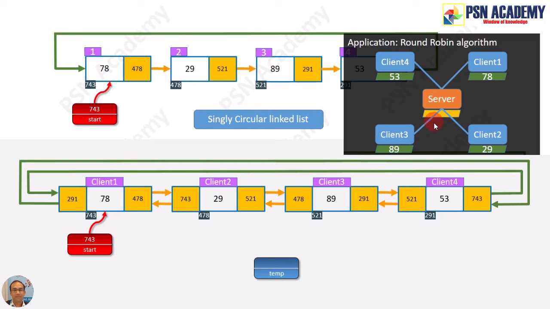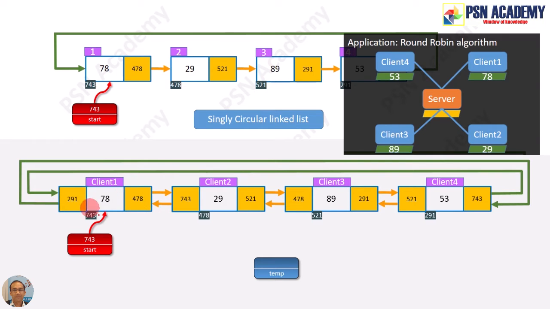And what the server has done, the server has created a linked list, and it has created 4 nodes. Now you can see that the server has created a doubly circular linked list. The last node is pointing to the first node and vice versa.